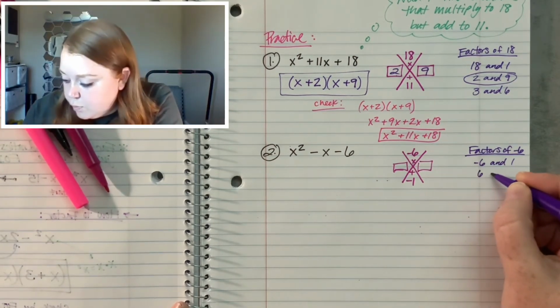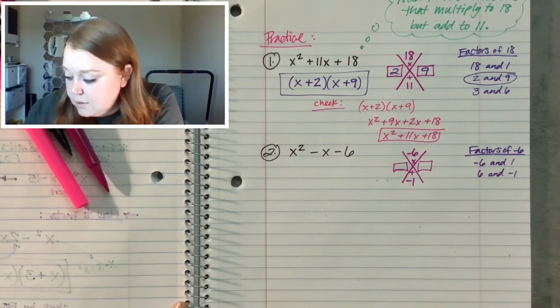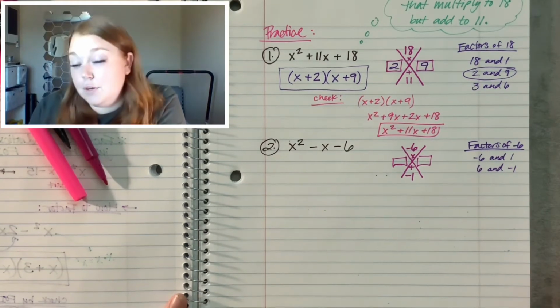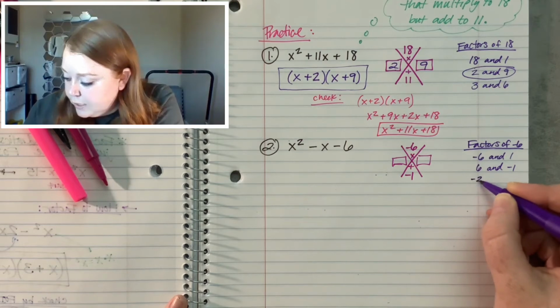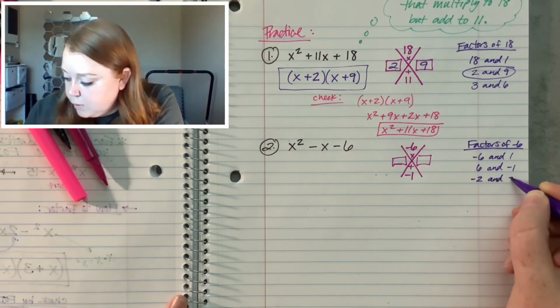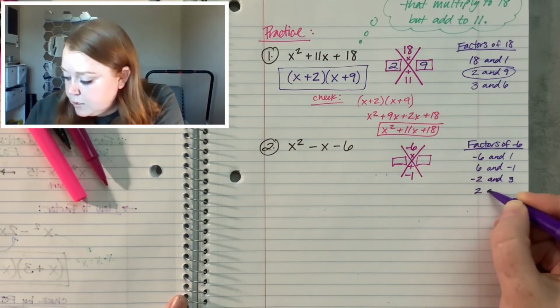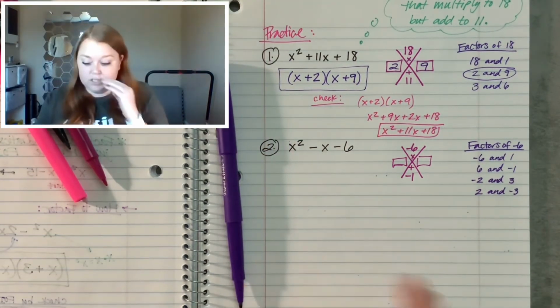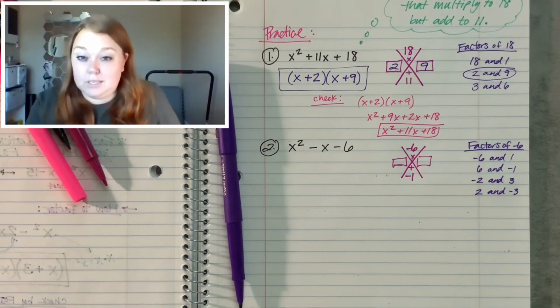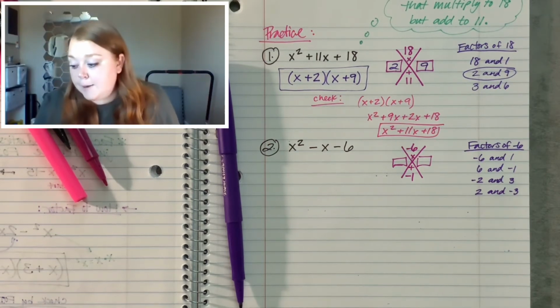We could also do positive 6 and negative 1. The only other factors of 6 are 2 and 3. So maybe negative 2 and positive 3, positive 2 and negative 3. So those are the only things we can multiply to end up getting negative 6 as the product.